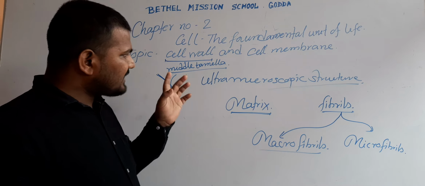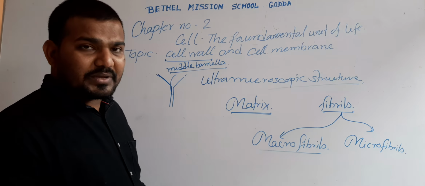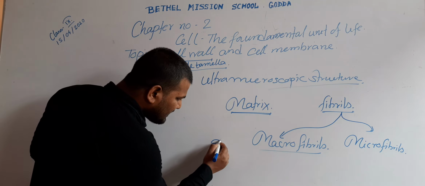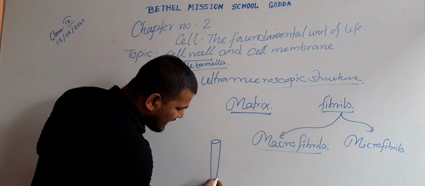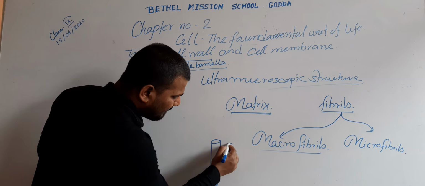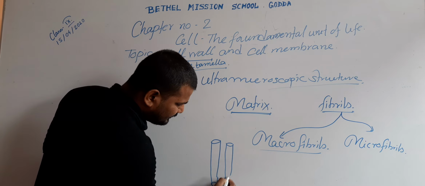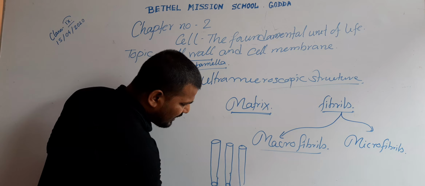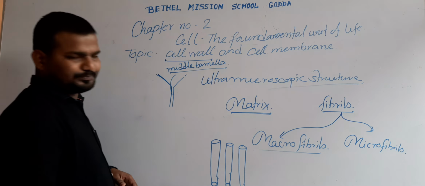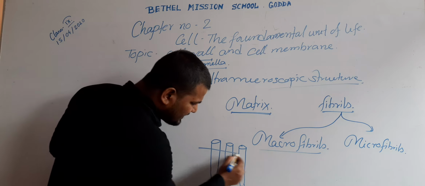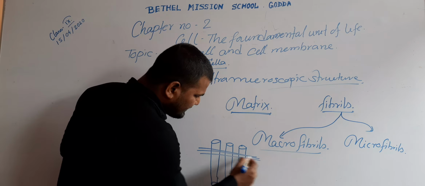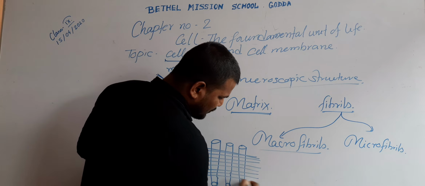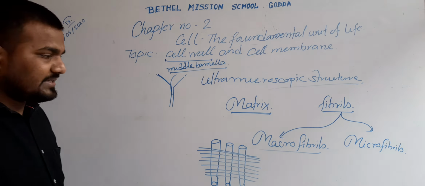So, in the ultramicroscopic structure of cell wall, we can find that the thick fibers, suppose these are the thick fibers, are arranged straight, and some thin fibers are arranged parallel, and within the portion the matrix is present.